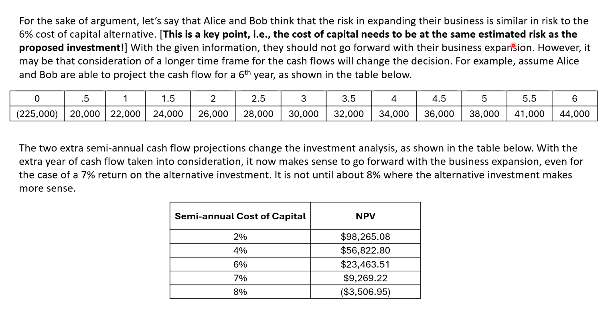We just saw that. However, it may be that consideration of a longer time frame for the cash flows will change their decision. For example, assume that they just look at a 6 year period. So I've added two more, and let's say Bob and Alice are confident that they're going to do a little bit better here because they've been growing all along, at least based on their estimates.